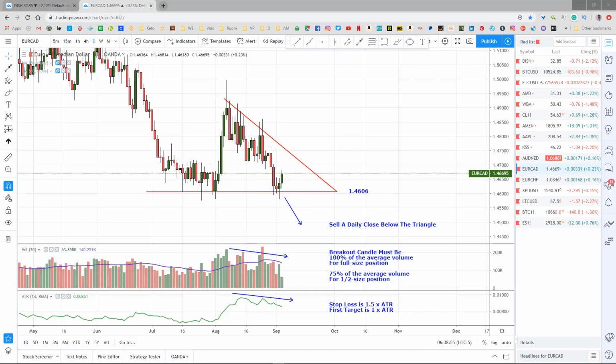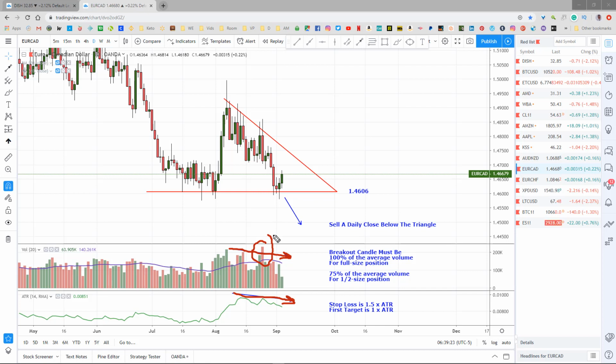Ideally, these consolidation patterns should also show a decline in the volume and volatility over the course of the pattern. That's an indication that traders are getting bored with the pattern and are ready for it to break. In this case, the daily volume bars are declining with the exception of this little spike right here.